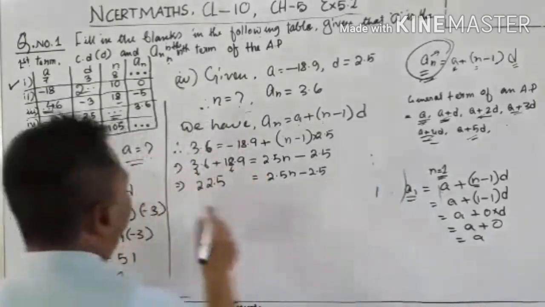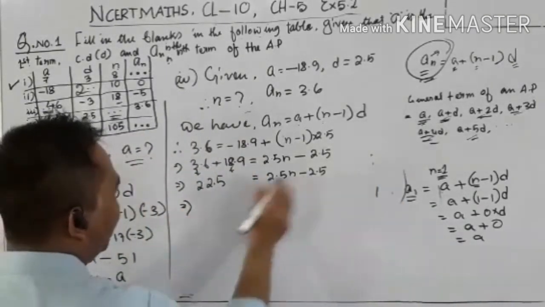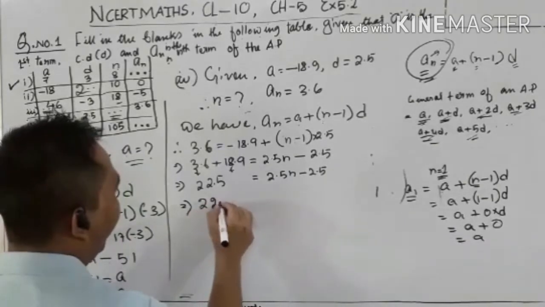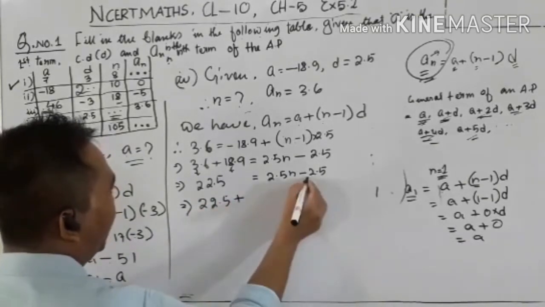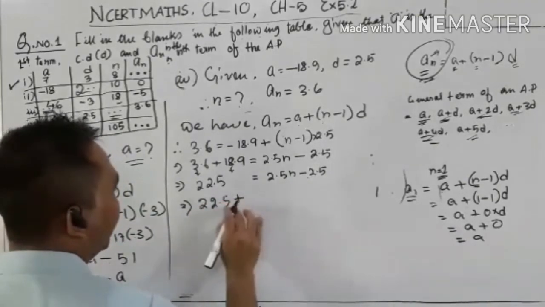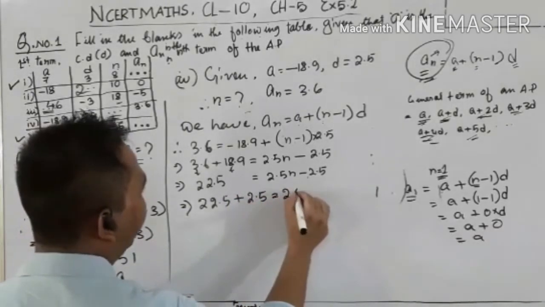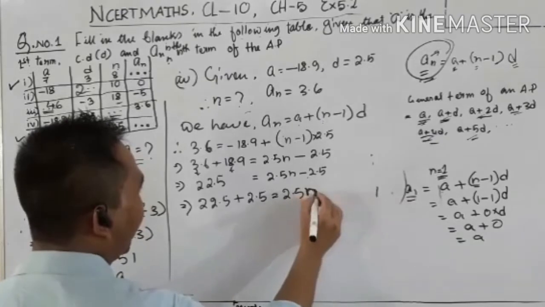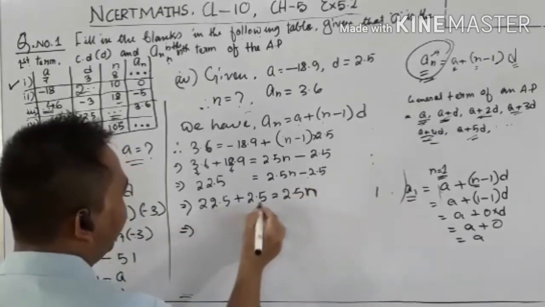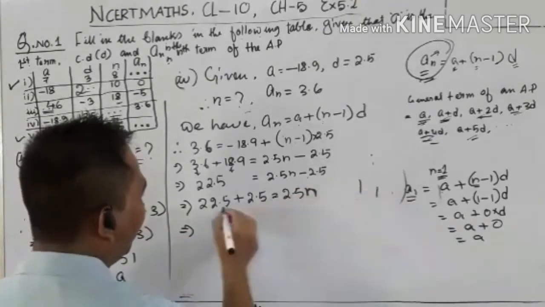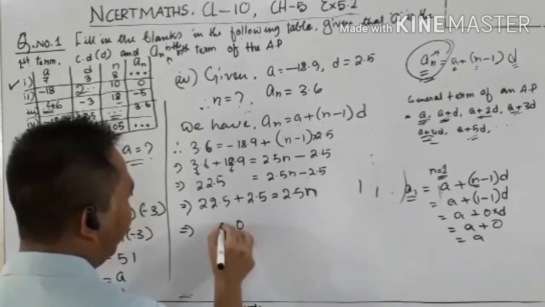Now, again, what can we do? Again, transpose this 22.5. On transposing, it will take the place of positive: 2.5 equals 2.5n. So 5 plus 5 is 0, 1 in hand, 2 plus 2 is 4, then 5.